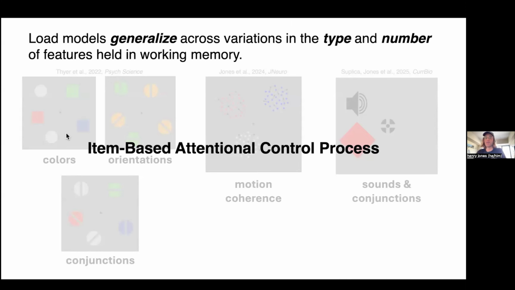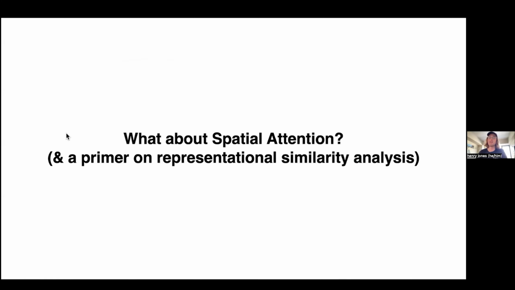Now, this isn't the only possible interpretation for this seemingly content-independent signal. An alternative is spatial attention, which I'm going to briefly talk about, and I'm going to talk about how we upgraded from decoding to representational similarity analysis to help rule out the possibility of spatial attention explaining these results.